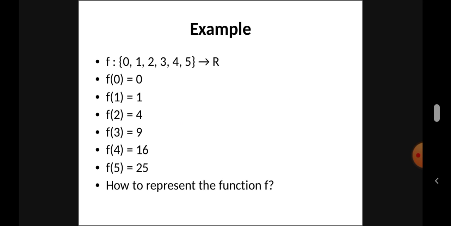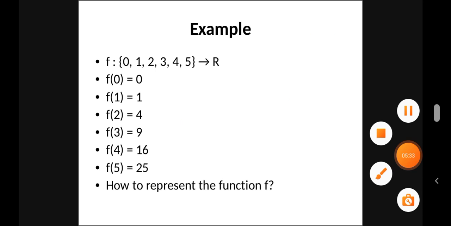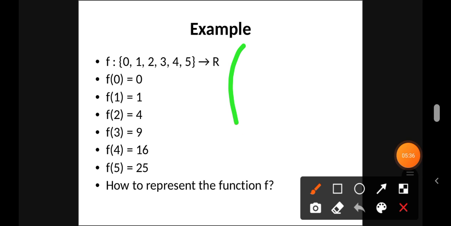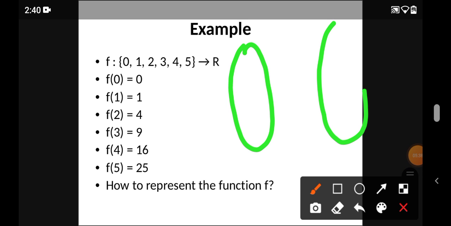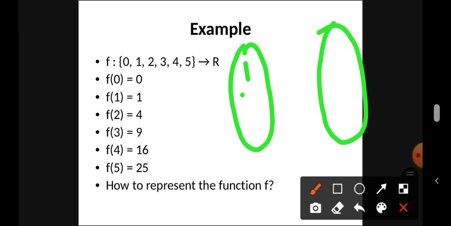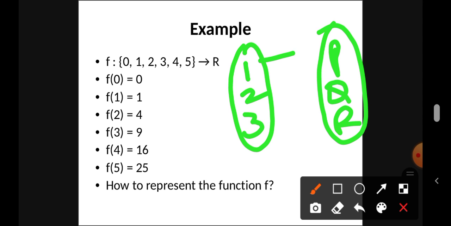Then which is a function and which is not a function, we have to look at. Here 1, 2, 3 and p, q, r are the sets of elements. Then this is a function, okay.